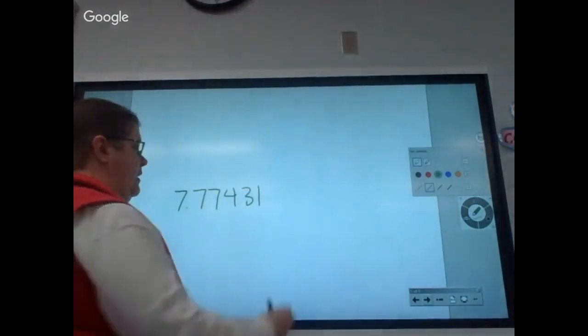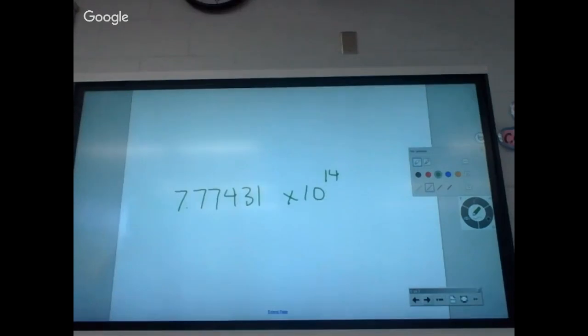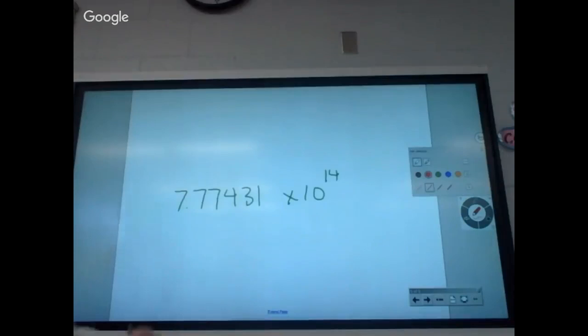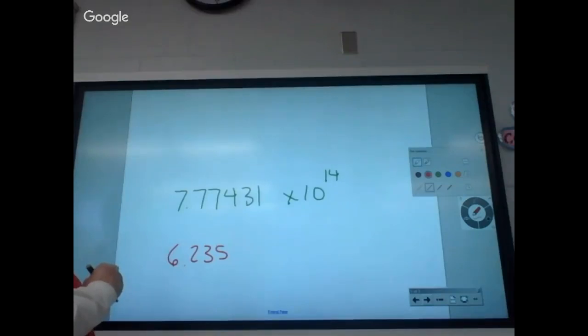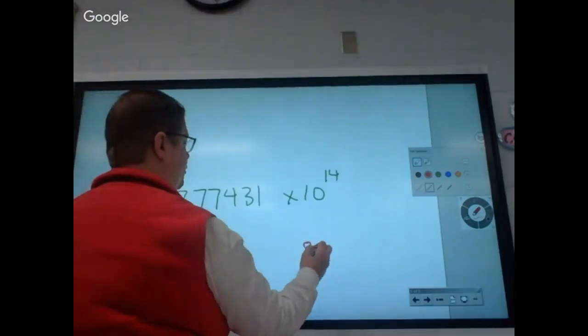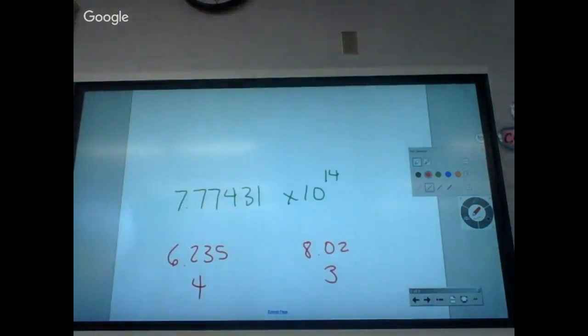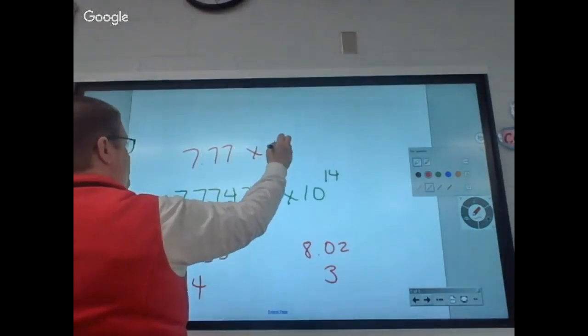And at the end, it has that E, so times 10, and you have the 14, which is what Annabelle said she missed, okay? So when you apply the rule, we're dividing, and so the rule for division is the least number of significant digits. So how many do you have in the 6.235? How many significant digits there? 4. And then in the 8.02, you have how many there? So we only want 3 in our answer. So what numbers are we going to keep? Yep. So you're going to keep 7.77 times 10 to the 14th.